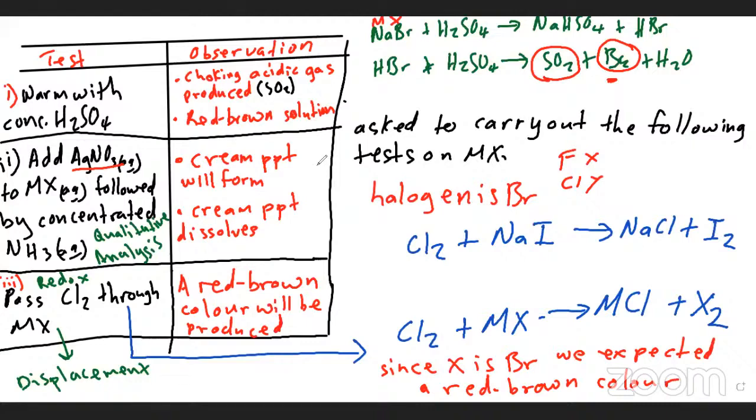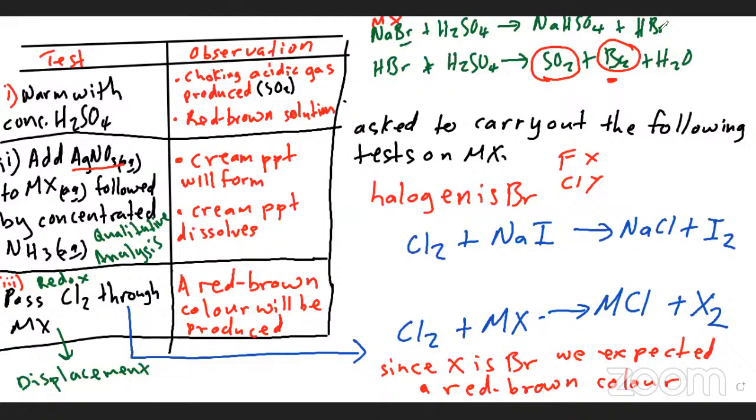Sir, how do you know that MX was sodium bromide? The reason they put MX is that from the notes, when you react a halide salt with sulfuric acid, this is the reaction specific to bromide.